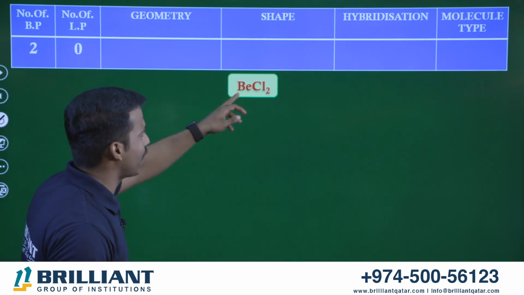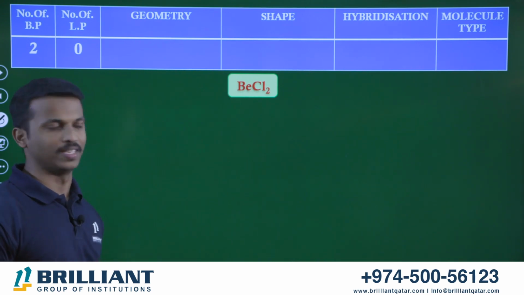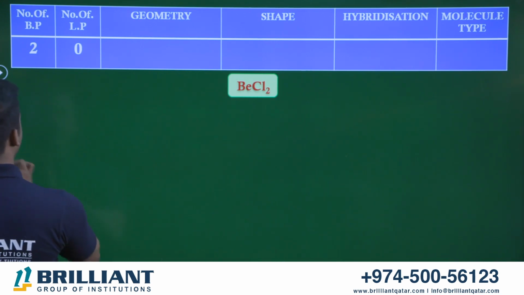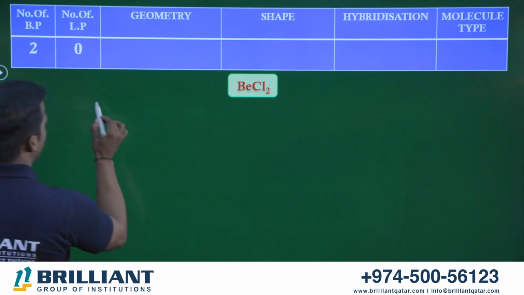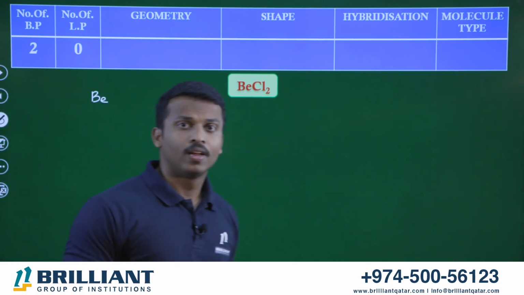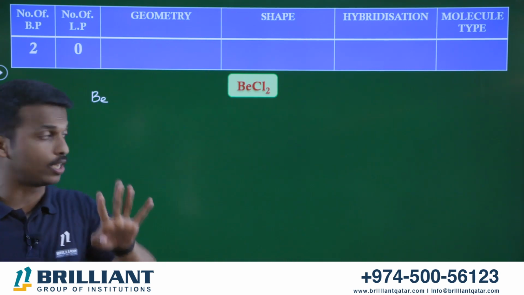First I am taking the example BeCl2: beryllium and 2 chlorine. Which is the central atom here? Beryllium, the lowest in number. Let's start. What is the atomic number of beryllium? 4, right? Hydrogen, helium, lithium, beryllium. The atomic number of beryllium is 4.